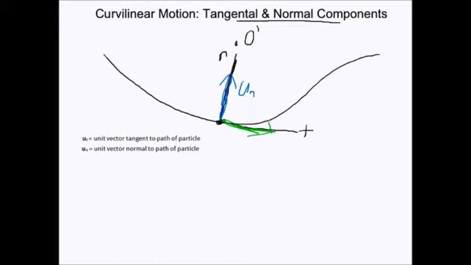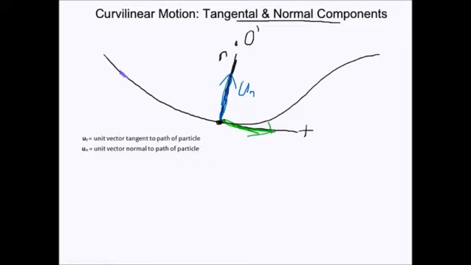And lastly, if you split up this path into little segments, each segment could be formed from the arc of an associated circle. Each segment has its own arc, and therefore its own center of curvature.